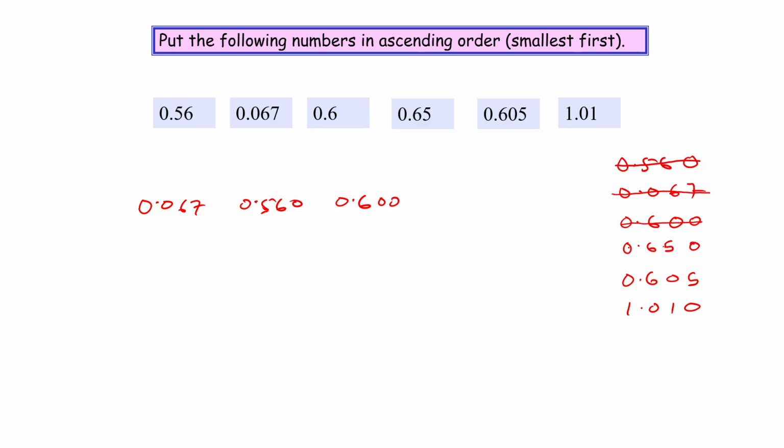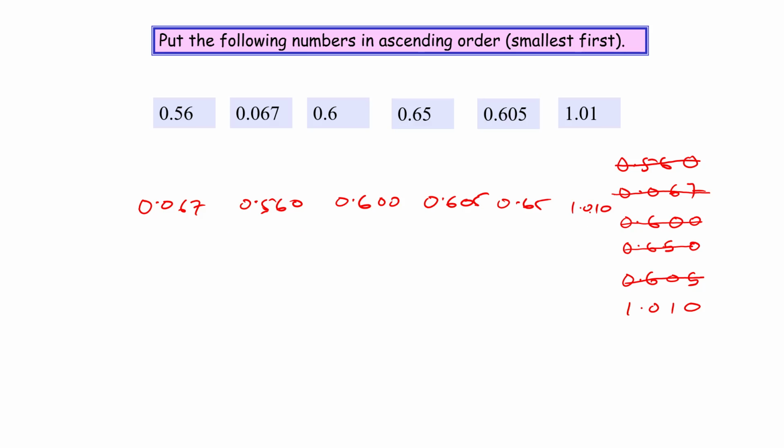And then we've got 2 numbers with the 6 in the tenths column. This has got a 5 and this has got a 0, so it's our next smallest number, 0.605. 0.65 is our next number, and our largest number, which we said from the start, is 1.010.